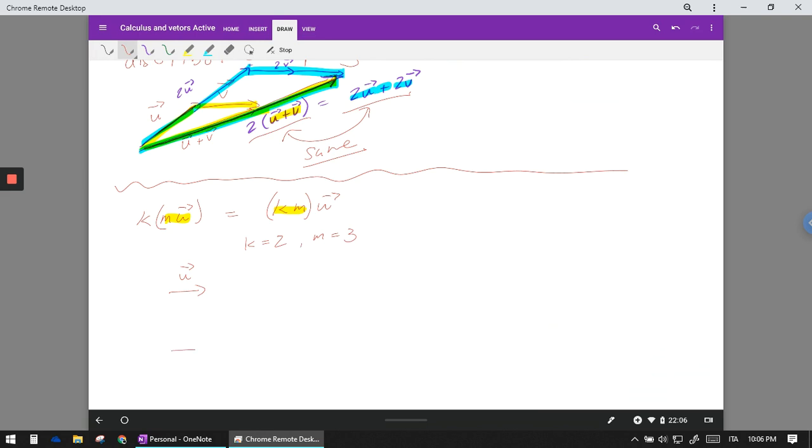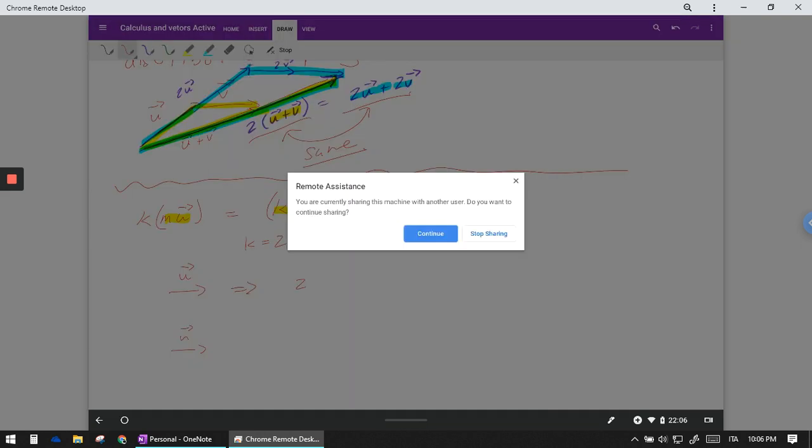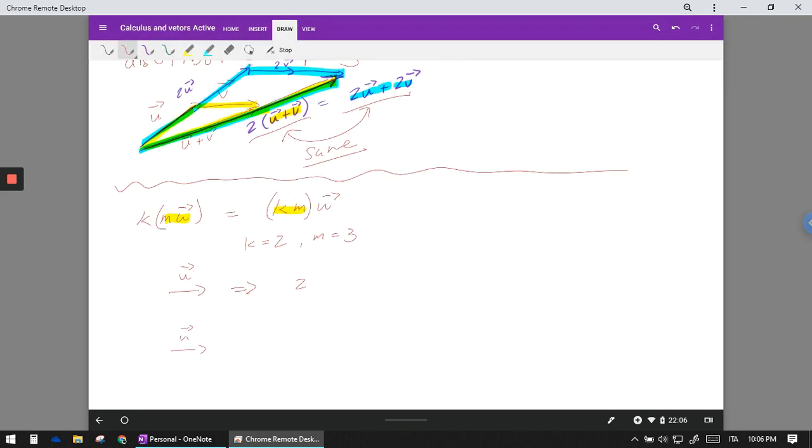So here, I'll basically start with vector u, and then here I'm going to do 2 times 3u. What that means is I basically take 3u first. This is 3u. And then I multiply it by 2, which is that.